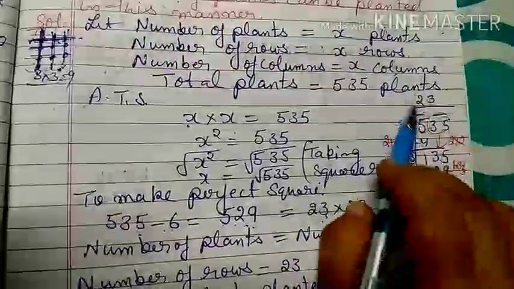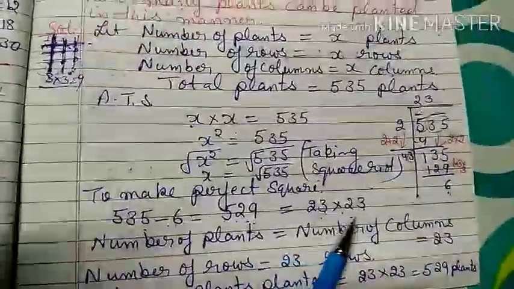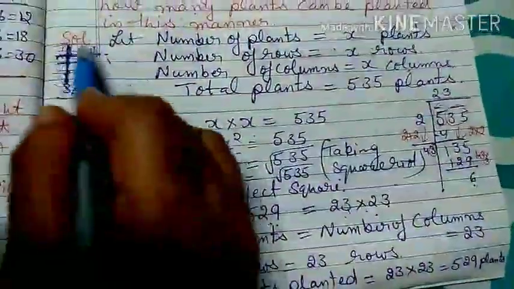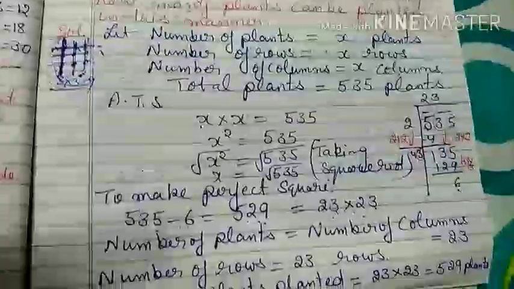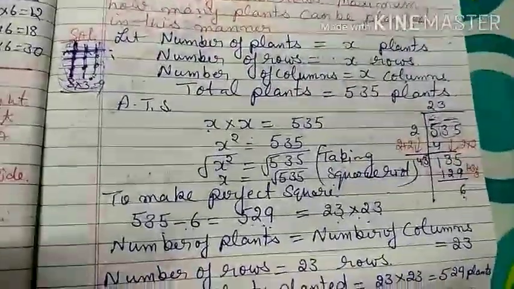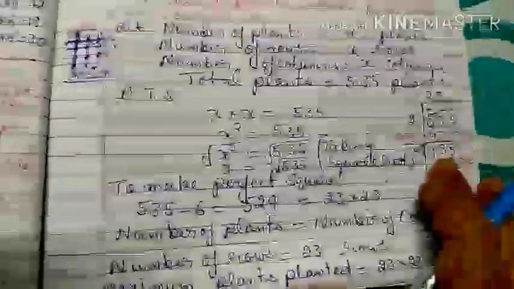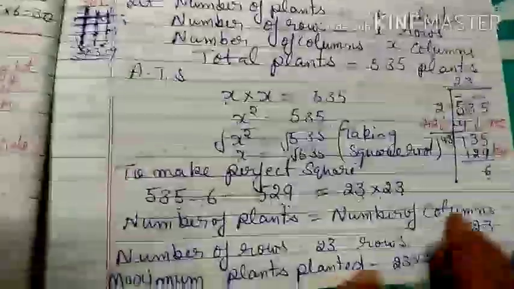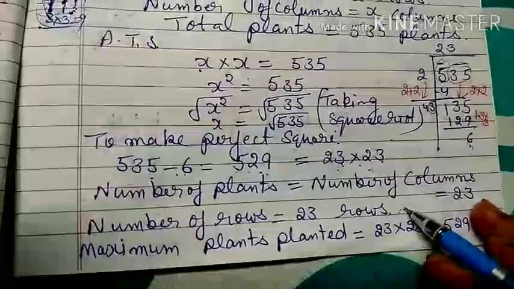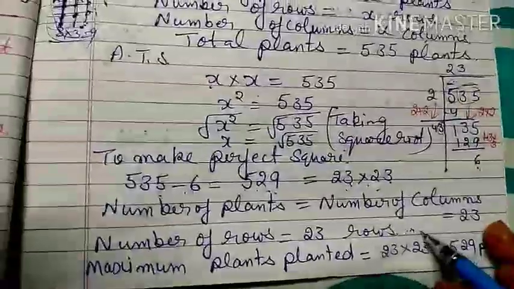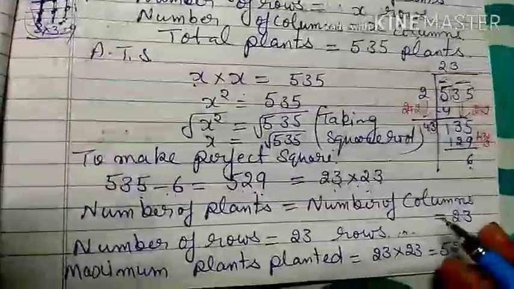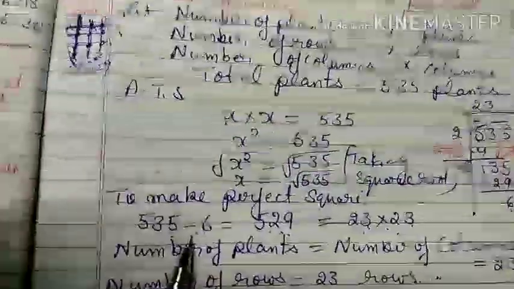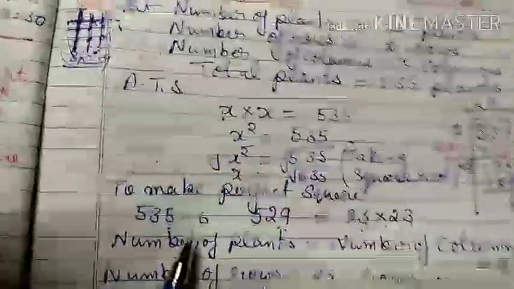If the quotient is 23, 23 into 23 gives me 529. It means in this whole area, Manoj has to plant 529 flowers. So if 529 flowers can be planted at maximum, in each row and each column there will be 23 rows and 23 columns. 535 is not a perfect square.